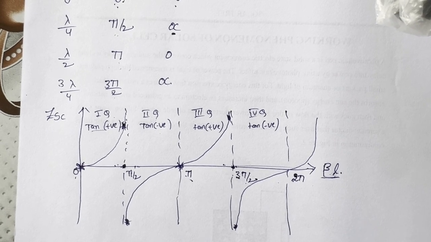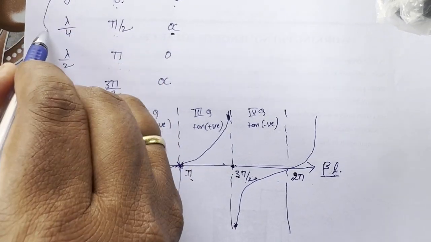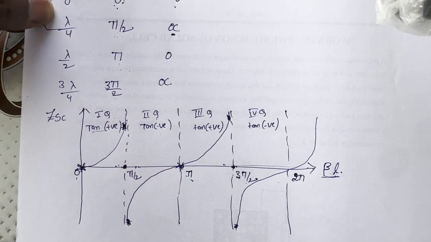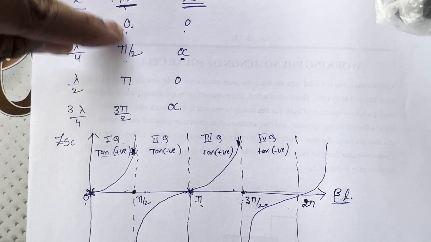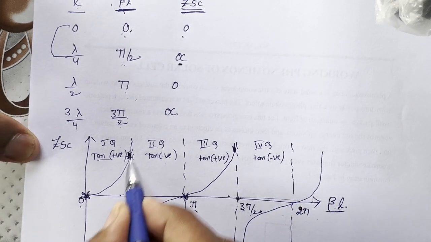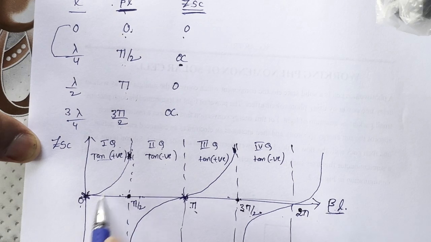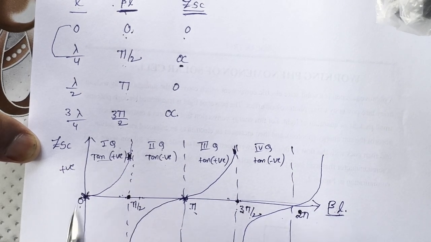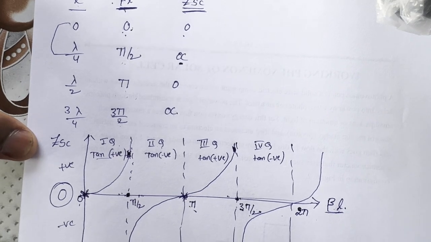At this point, between 0 to lambda by 4, that means 0 to pi by 2, all the values are positive. It is positive values, it is negative values, it is 0. All the values are positive.